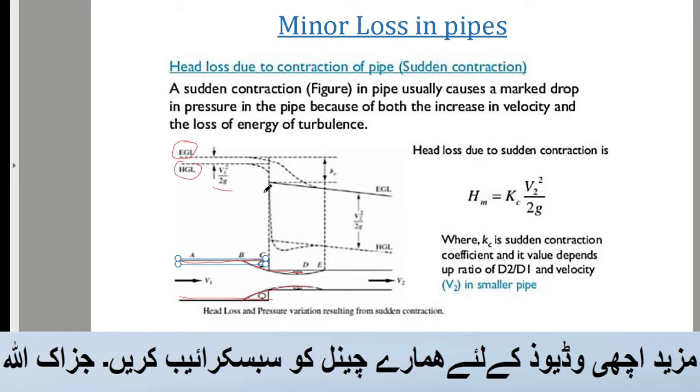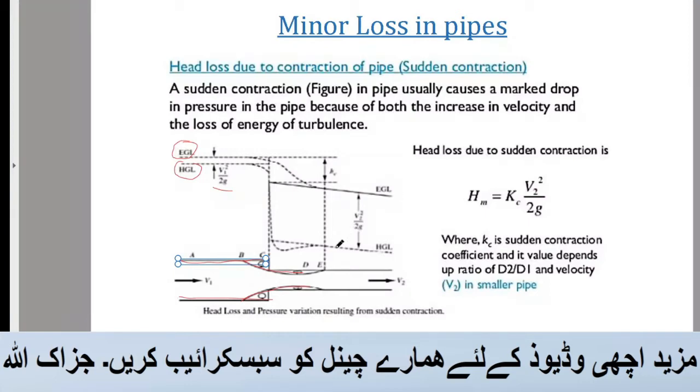There is no impact of reducing this diameter, because the energy gradient line depends upon the velocity, and in this section the velocity will increase.